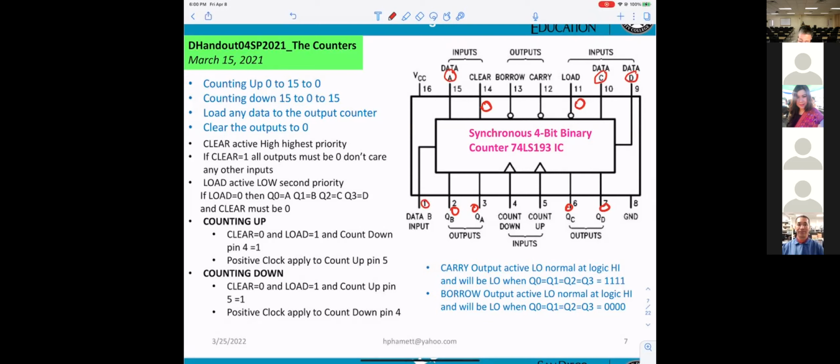So if you get a 1 here, 1 here, 1 here, and 1 here, then the outputs have to be 1. That means you loaded it: 1, 1, 1, 1. You can load in any number you want.